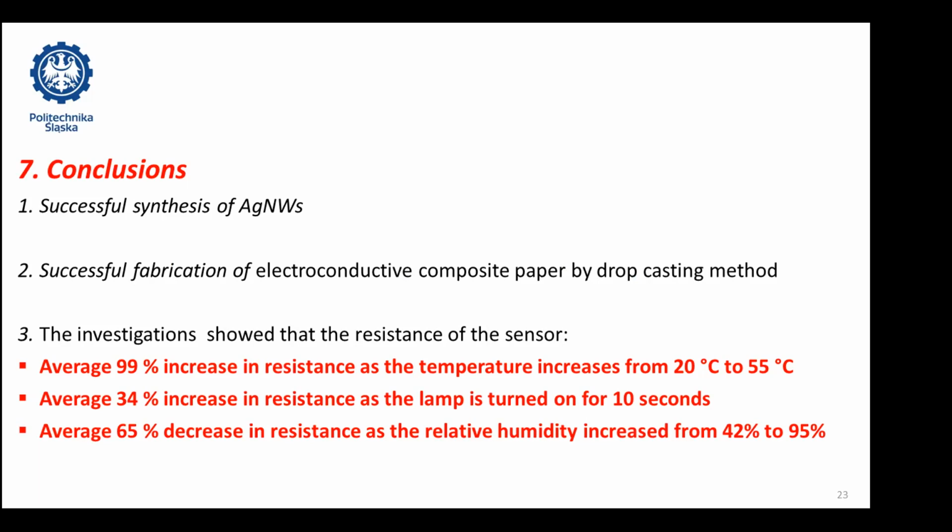Obviously, this resistance was reversible. And in the second part, when the lamp was turned on for just 10 seconds, the average increase in resistance was 34%. Again, reversible resistance. Reversible resistance is very important. And at the end, when the relative humidity was increased from 42 to 95%, an average decrease of about 65% was seen.